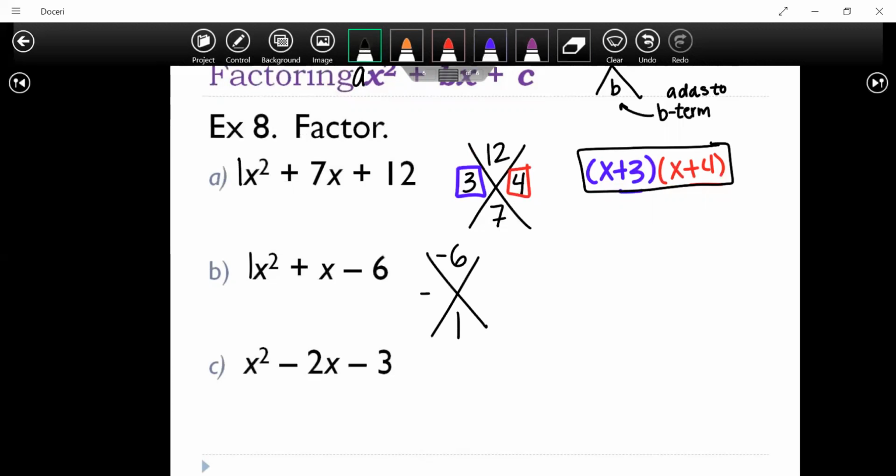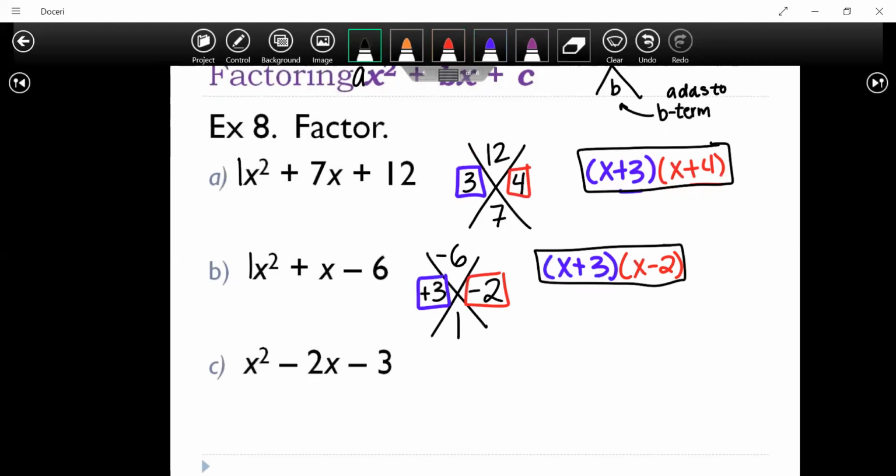How about +3, -2? +3, -2 is going to give me the factor terms, so it's going to give me x plus 3. And then my last term is going to be x minus 2. Remember how to do these? Okay.